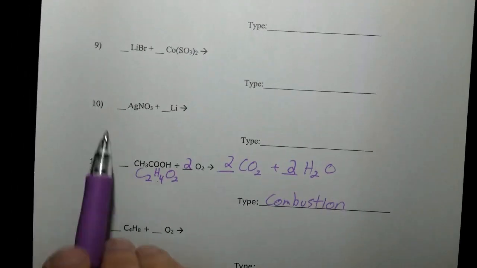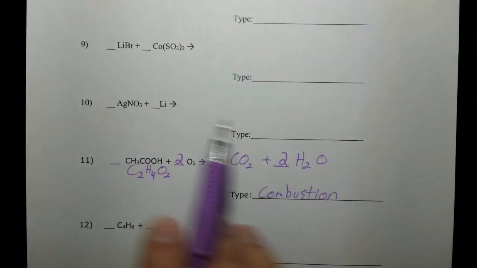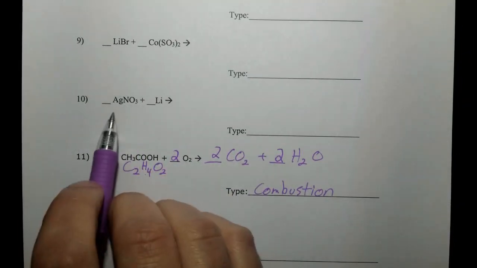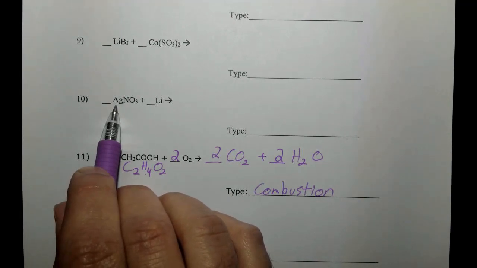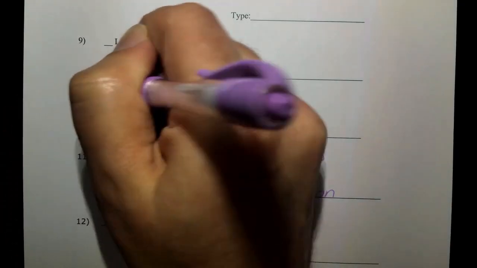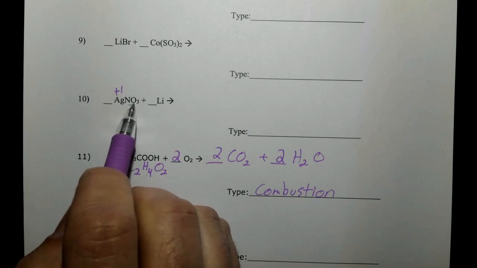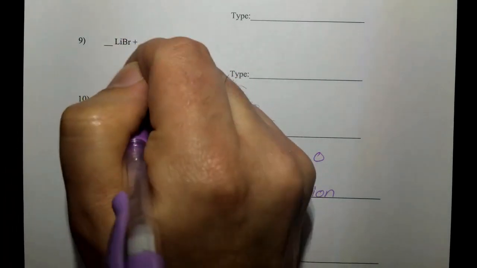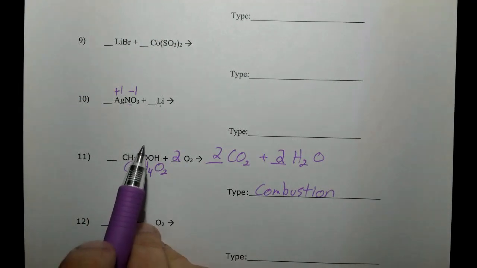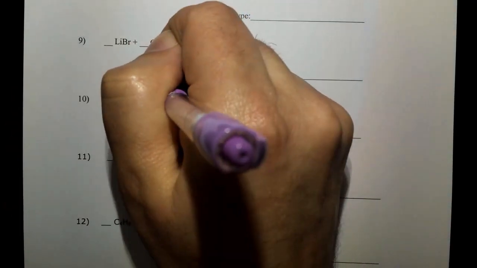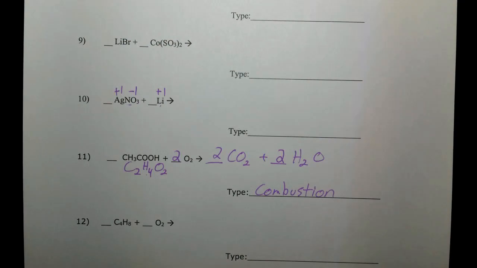And then the last one, we'll take a look at this one. Ag, what's the charge of a silver? +1, yeah. Transition metal, but +1. NO3, what's the charge of that? -1. And what's the charge of a lithium? Okay.